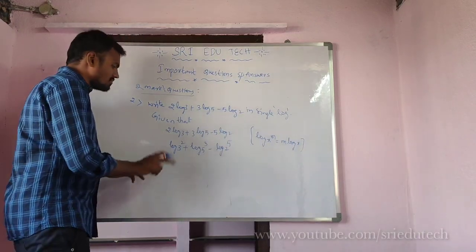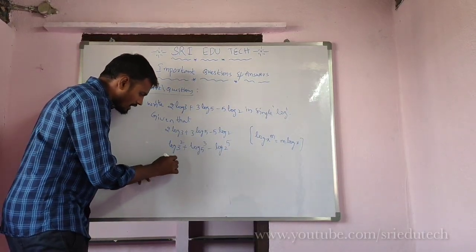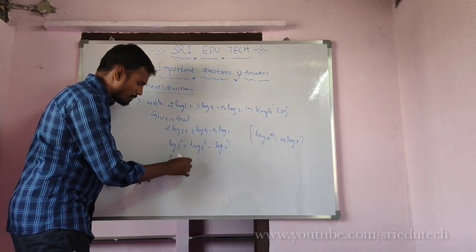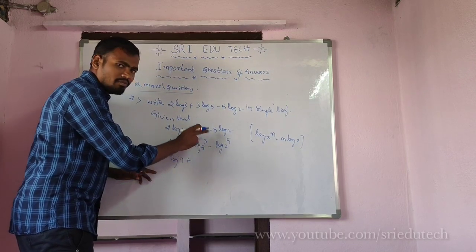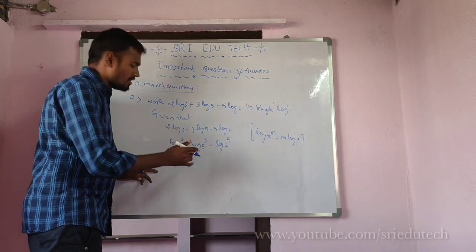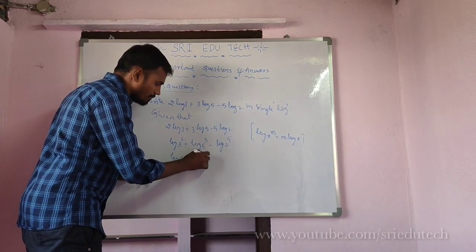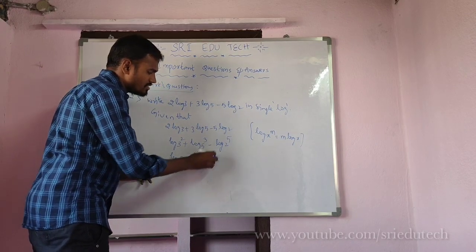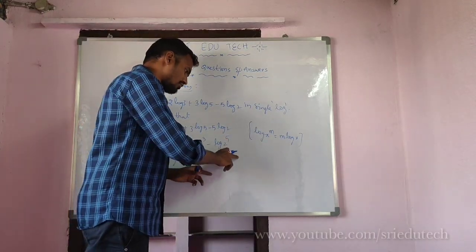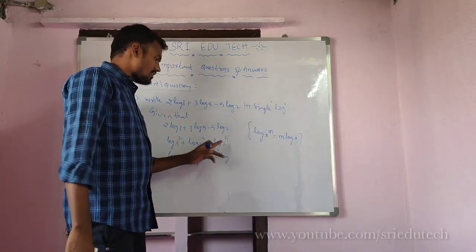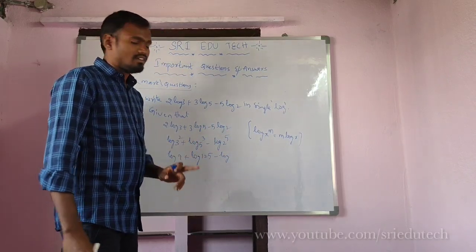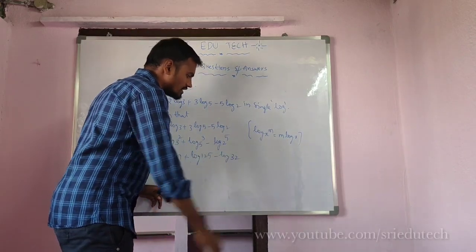Now log 3 square means 3 into 3, 9, plus log 5 cube means 5 into 5 into 5: 5 fives are 25, 25 fives are 125. So log 125 minus log 2 power 5, which means 2 into 2 into 2 into 2 into 2: 2 twos are 4, 4 twos are 8, 8 twos are 16, 16 twos are 32, so log 32.